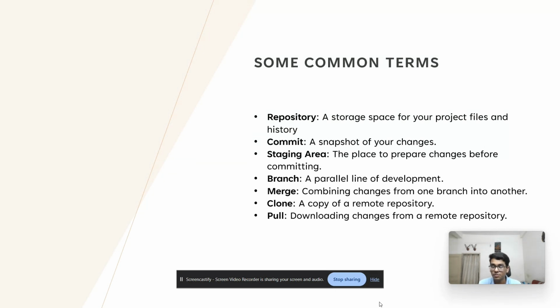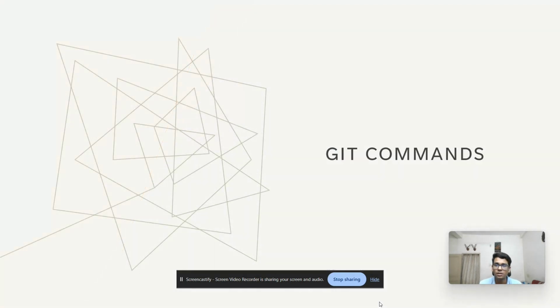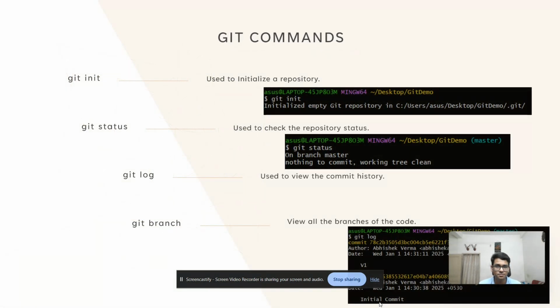As Git provides the feature of collaboration, other developers might be pushing certain changes onto the remote repository, which is hosted on platforms like GitHub. And if we want to get those changes on our local device in the local repository, we would have to pull those changes. So now let's have a look at a few Git commands.